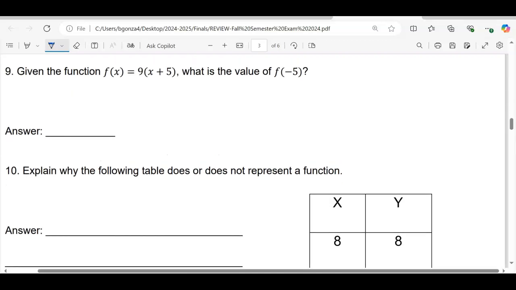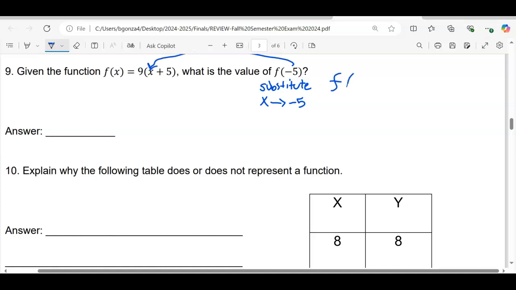Given this function, what is the value of f of -5? So you're going to substitute x with -5. So -5 is going to go right there.